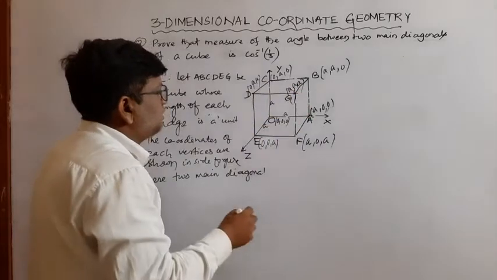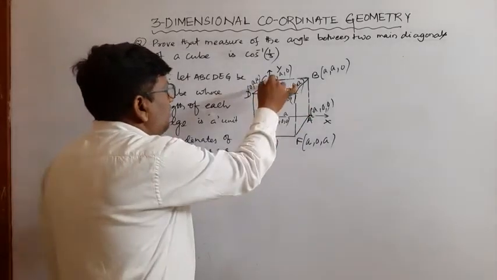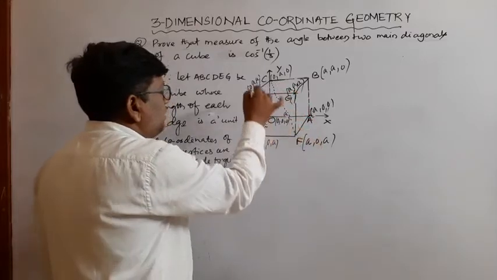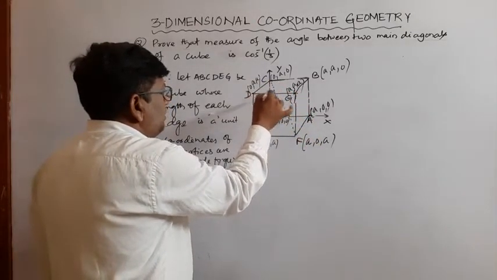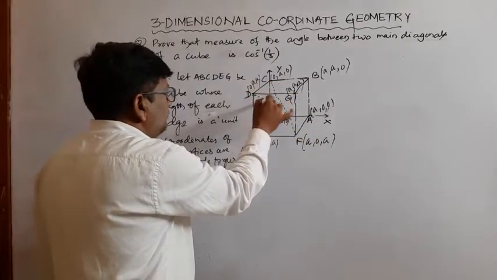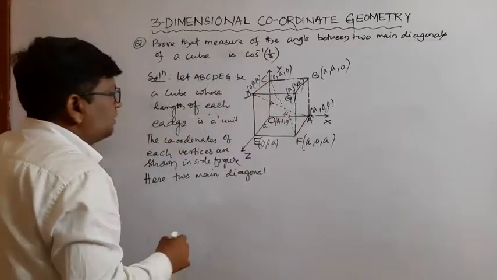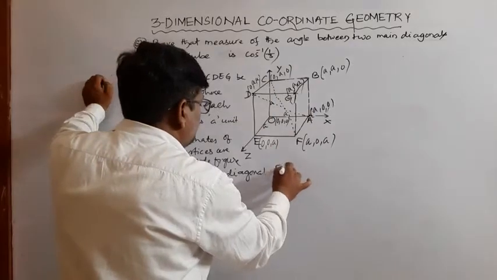So it is better to identify the angle. Let the two main diagonals be FC and AD.